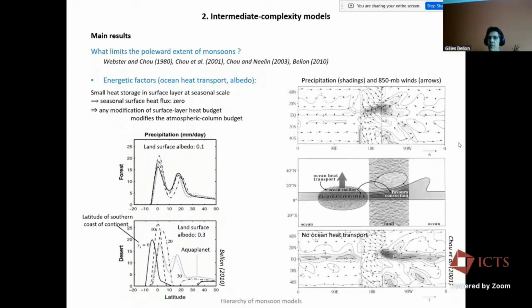When they put oceanic heat transport, what happens is that you have oceanic surfaces that have a loss of energy at the surface on seasonal timescale, while over land, there is a zero net budget at the surface. So the amount of energy that's received by the atmospheric columns over land from the surface is zero, but the oceanic columns actually lose energy to the ocean because that energy is transported away by oceanic heat transport.